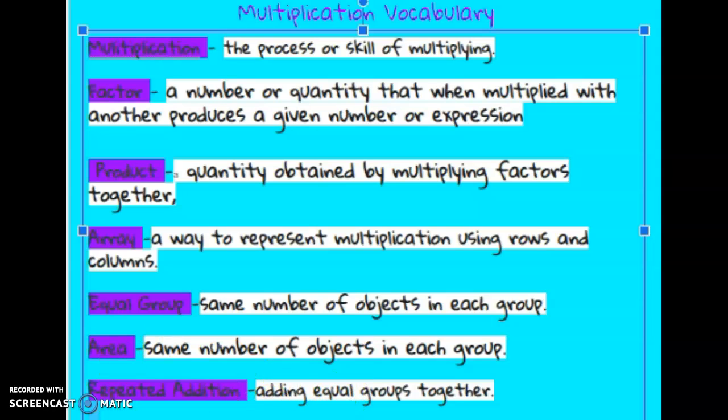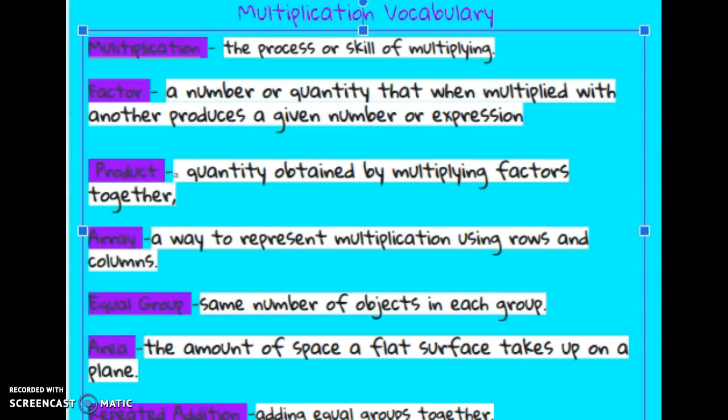And then our last one is repeated addition. We're adding equal groups together, meaning we're going to repeat that number over and over based on how many times we're multiplying that number.